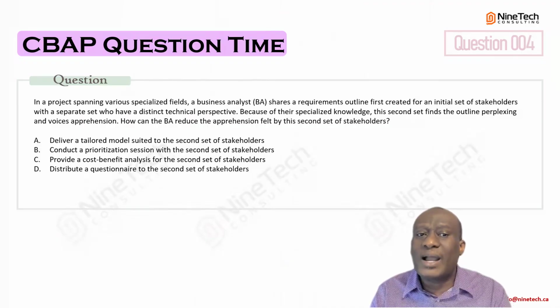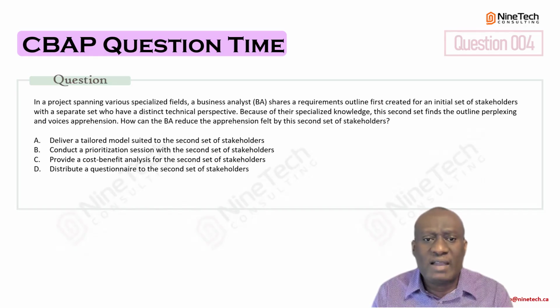In a project spanning various specialized fields, a business analyst shares a requirement outline first created for an initial set of stakeholders. So we have requirements that were created for a set of stakeholders, with a separate set who have a distinct technical perspective.